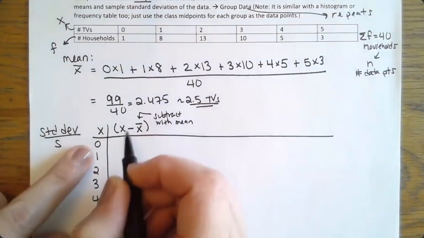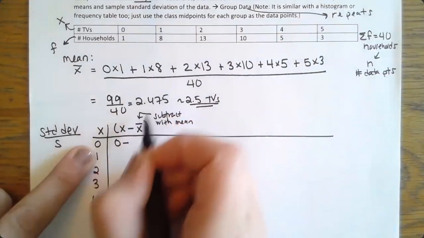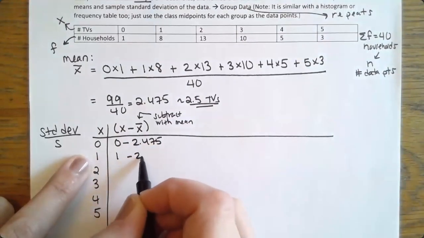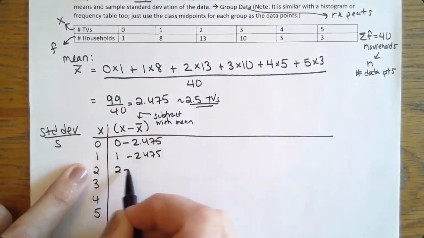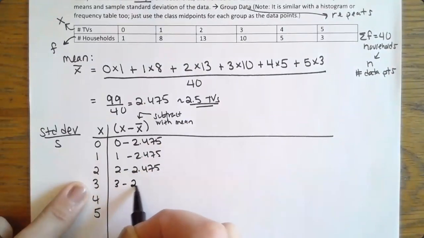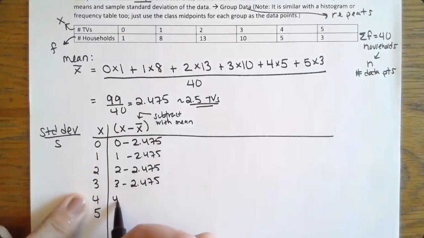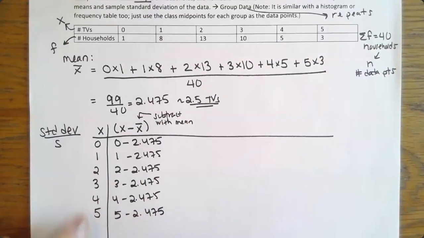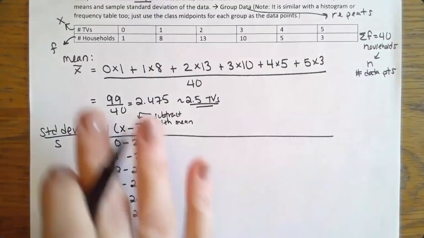So I'm going to take the 0 and subtract my mean. Now I'm going to go ahead and use the full version here. I always think it's better to use more decimal places. You can always round later, but you can't add extra decimal places on at the end. You could also read the directions on your homework, for instance, and see how many decimal places they want. If they only want 1 decimal place in your answer, then we probably don't have to use quite this many.